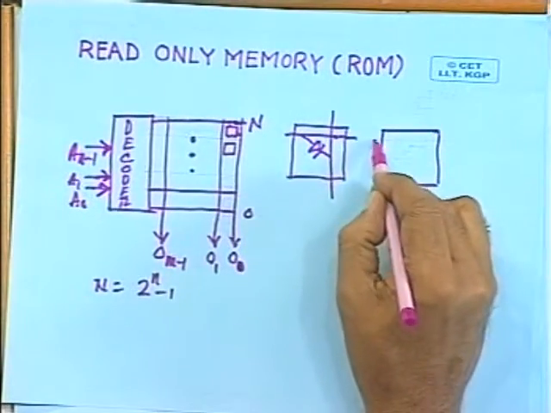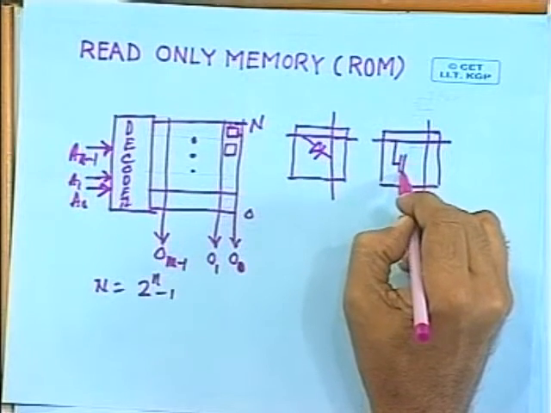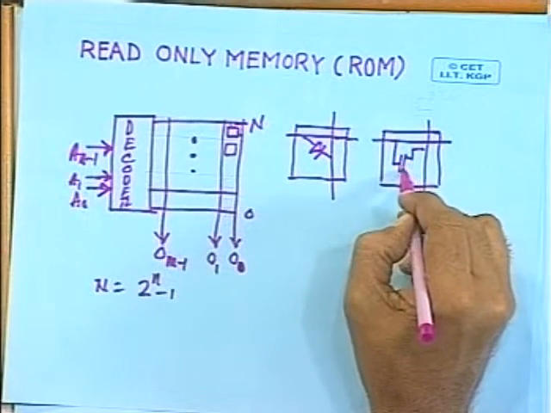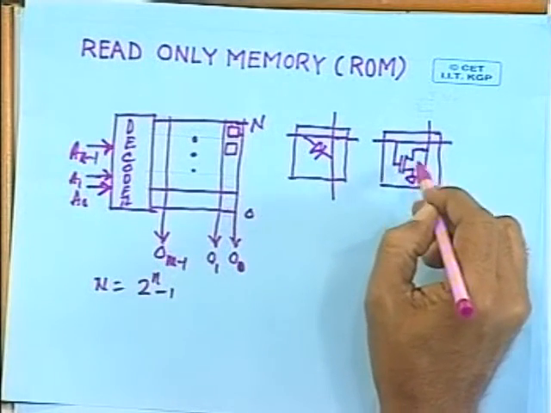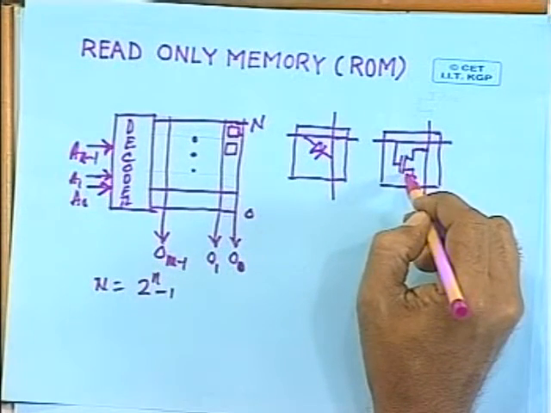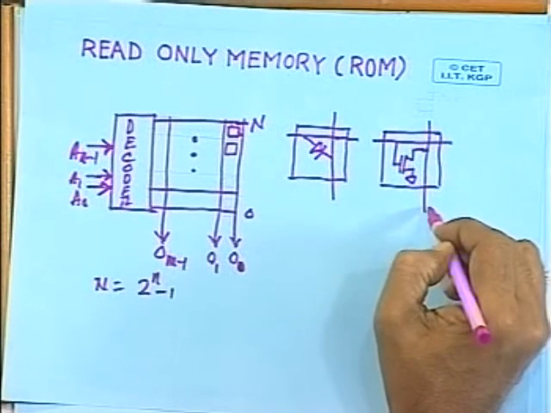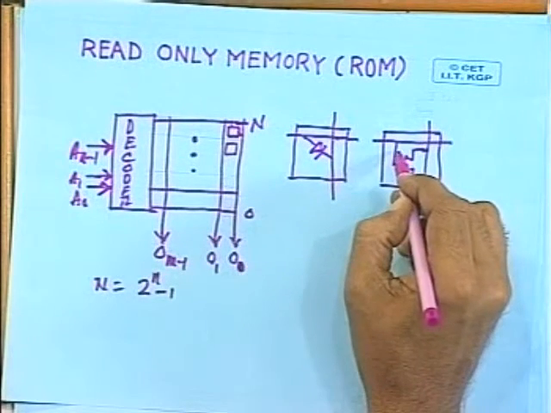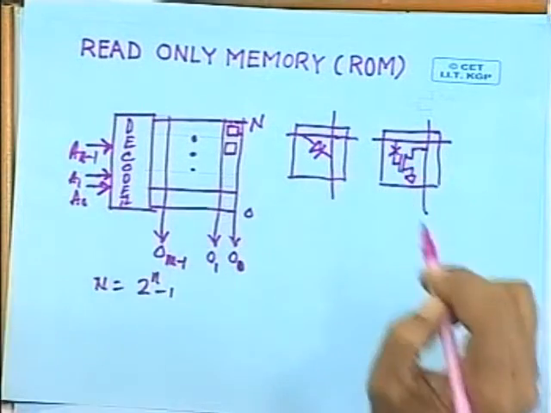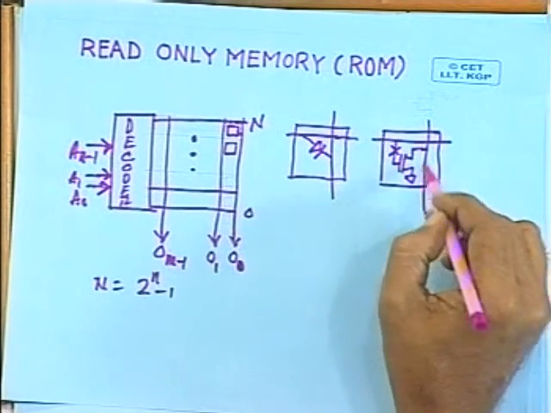For example, for these two lines, you can put one MOS transistor, an NMOS transistor. Now if this MOS transistor is present, then if this line is 1, this output becomes 0. Normally it is 1. On the other hand, if the transistor is not fabricated, then irrespective of whatever is present on this line, nothing will come.